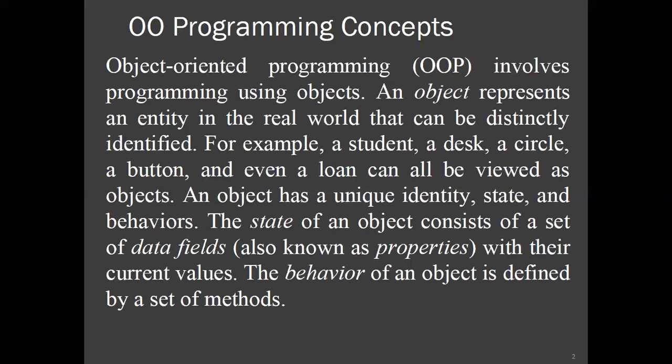Otherwise, if you consider the student as an object, what are the different properties of a student? Every student can have properties like register number, age, gender. So every object consists of properties in order to uniquely identify it from other objects.